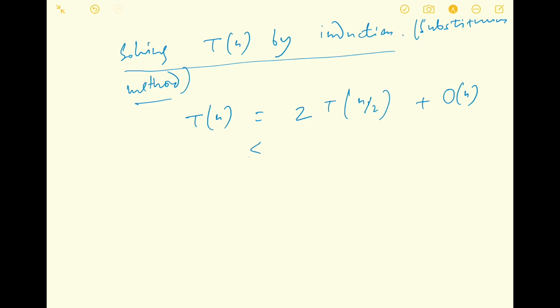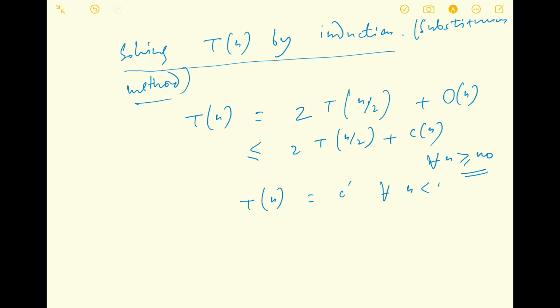How? You write this as 2 T(n/2) plus Cn, because if it is big O of n, this is Cn for all n greater than or equal to n naught. And of course we have Tn equal to some constant, say C prime, for all n less than n naught.